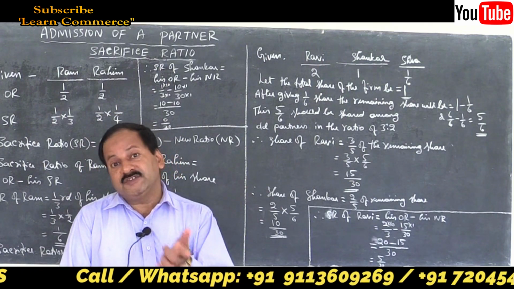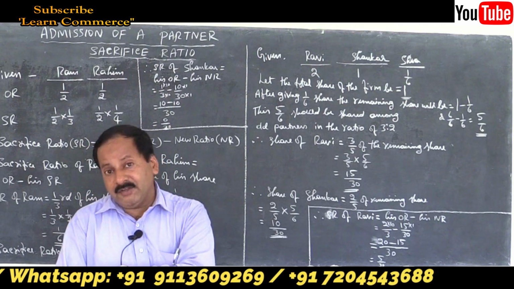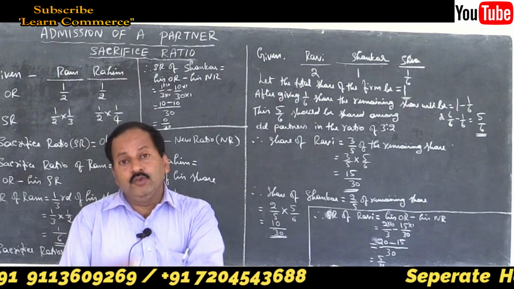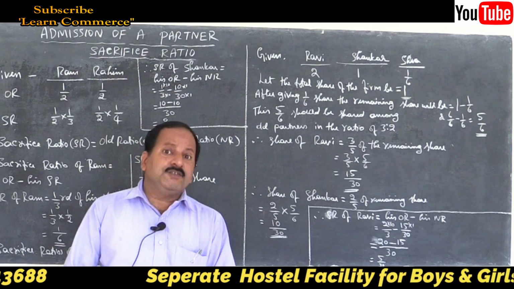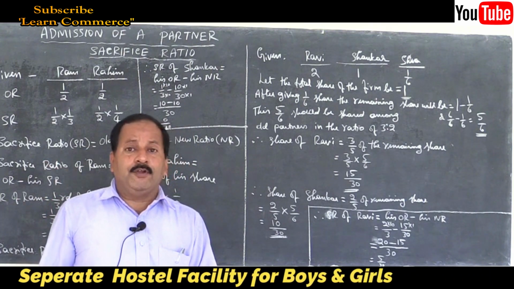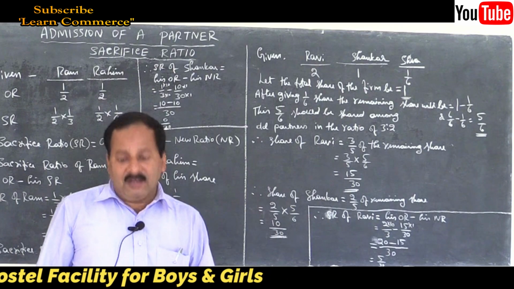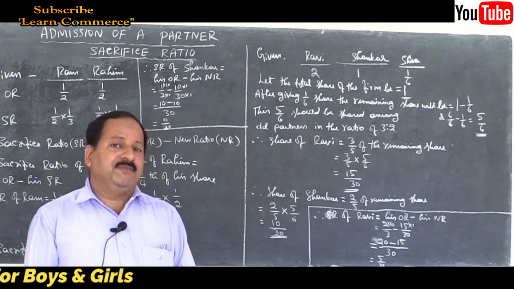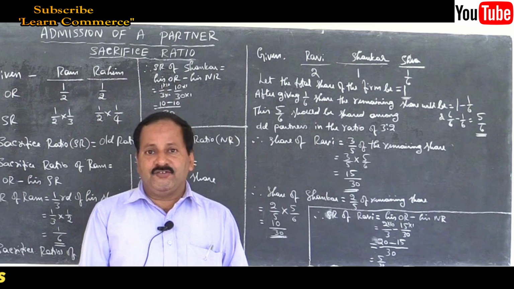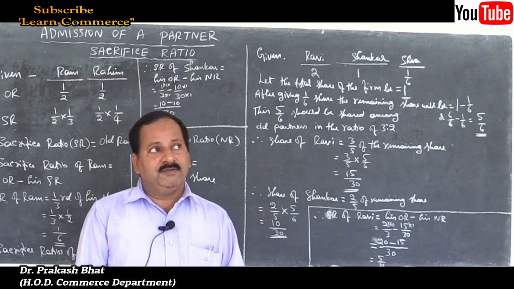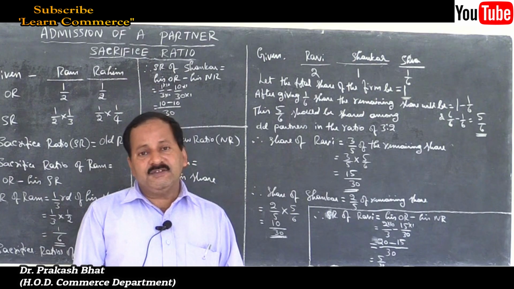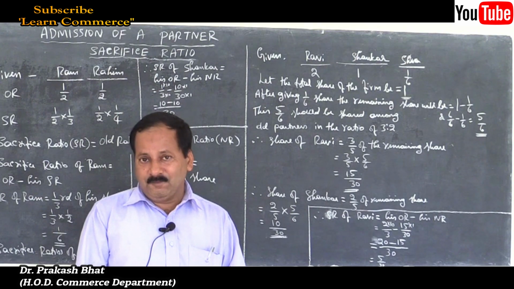They will ask you this 6 marks problem on retirement, on gain ratio or new profit sharing ratio calculation. And if they ask you a problem on retirement for 12 marks, then they will ask you 6 marks problem from this, that is sacrifice ratio or new profit sharing ratio on admission. Remember. So that is how you have to solve in the board exam.